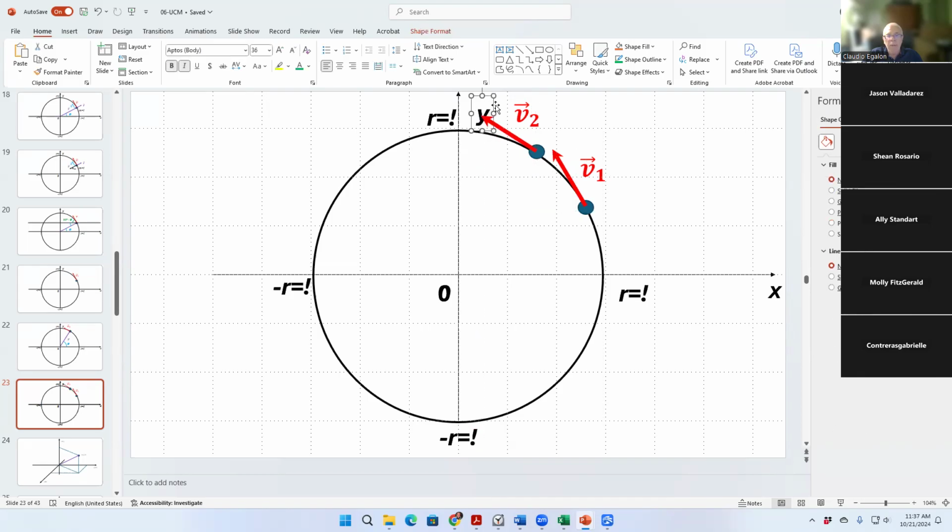By the same magnitude, I mean the same lengths, right? Okay, so now they have the same lengths, right? And I'm going to write that down here.